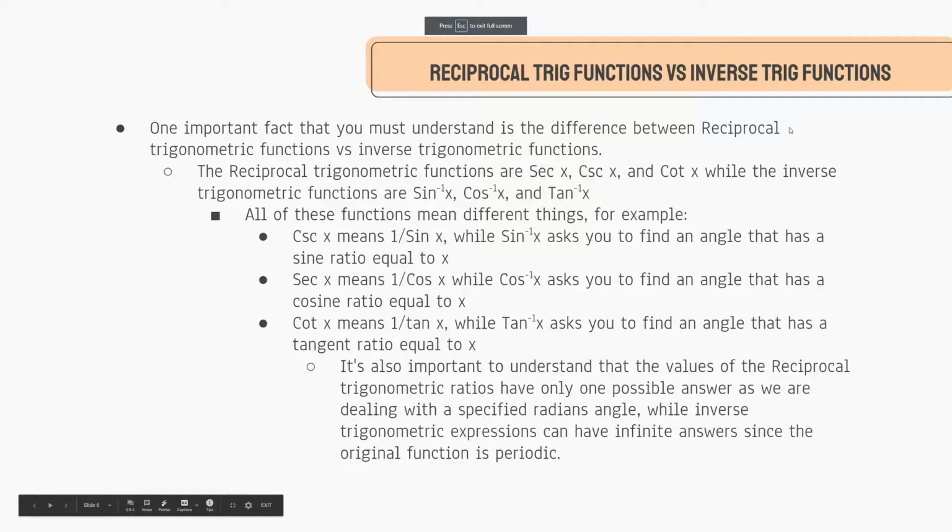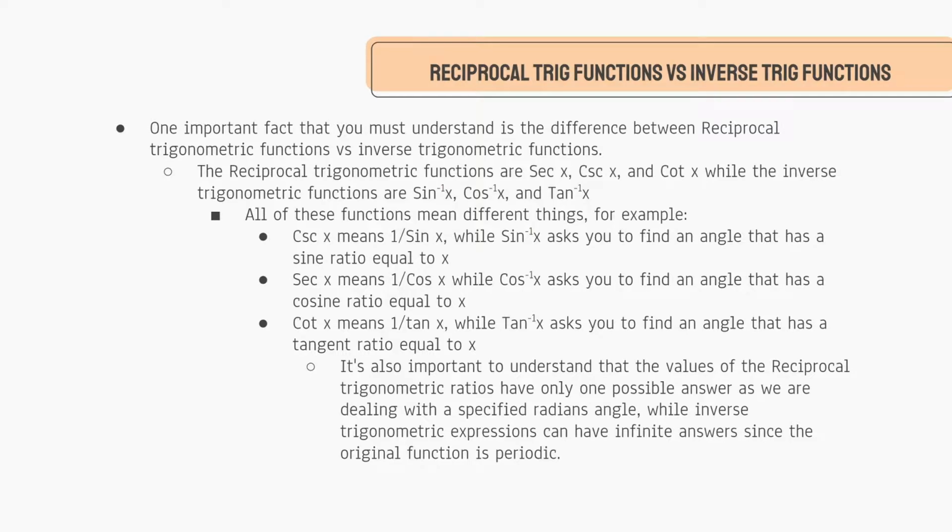Again, the last one would be cotangent of x means 1 over tan of x, while tan inverse of x asks you to find an angle that has a tangent ratio equal to x. It is also really important to understand that the values of the reciprocal trigonometric ratios can only have one possible answer, as we are dealing with a specified radian angle.